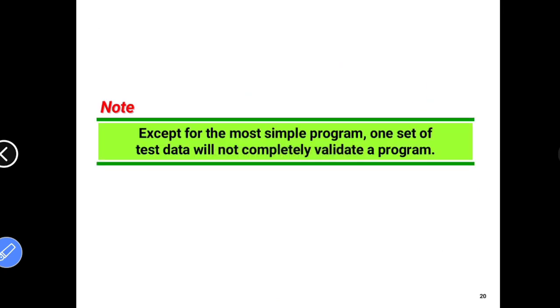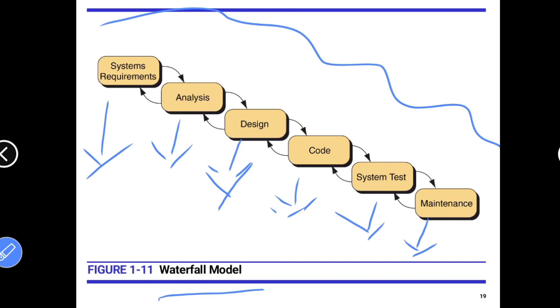Except for the most simple programs, one set of test data will not completely validate a program. So we already noted here the system test. When you develop a system, you need to test it. And how do you test it? Suppose you develop a library management system, and there is one book which is given to one of the students. This is how you test whether it is working fine or not.